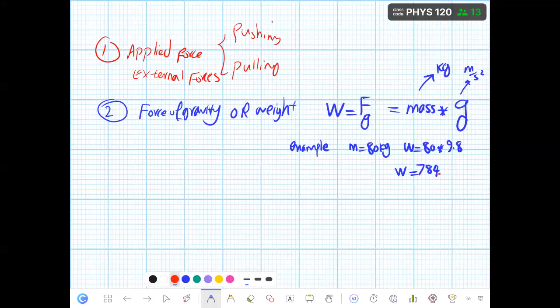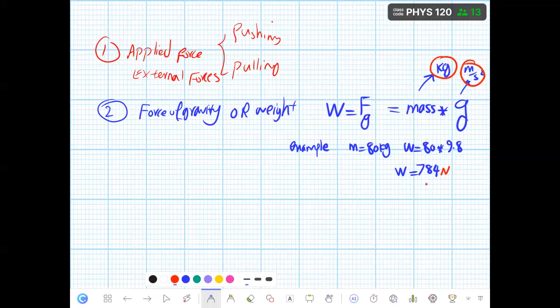Let me just write it. You see here? Kilogram meter per second squared, yes? Another unit of the force is kilogram meter per second squared.